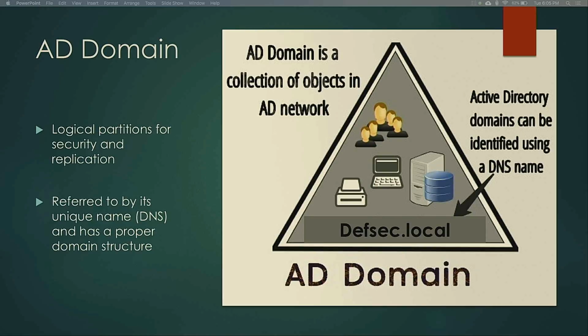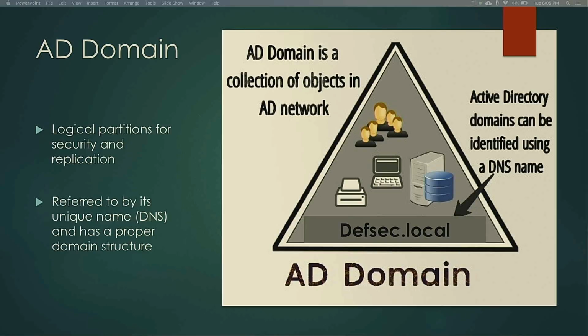But as far as the logical part of it, that's exactly what a domain is. It's a logical partition, for security's sake and ease of use, of different groups of machines depending on geographic location, duties, or anything under the sun, really. And it's always going to be referred to by its fully qualified domain name. In our example, it's going to be defsec.local.